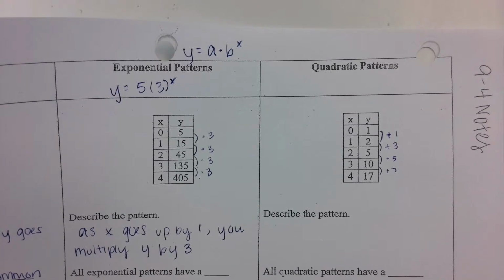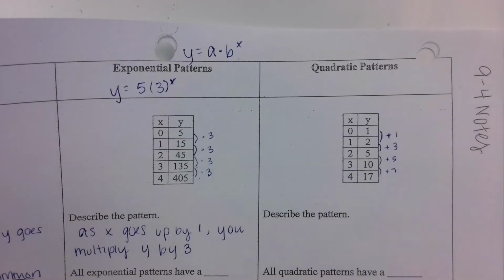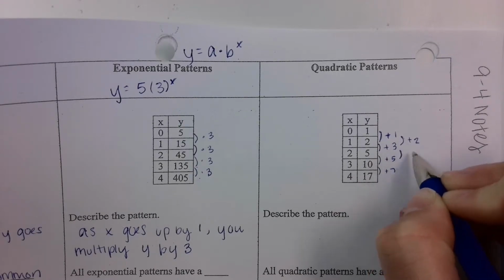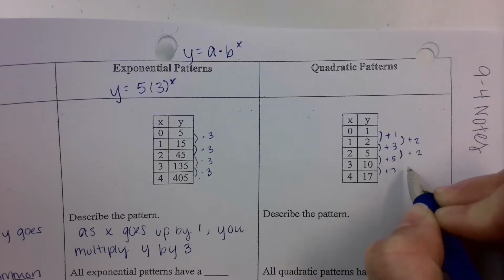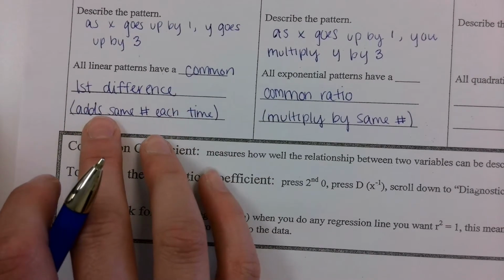Okay. So let's see. How did they get from 1 to 3? How do we get from 3 to 5? How do we get from 5 to 7? Is that going to be the same? So do you remember for our linear functions, we said they have a common first difference?